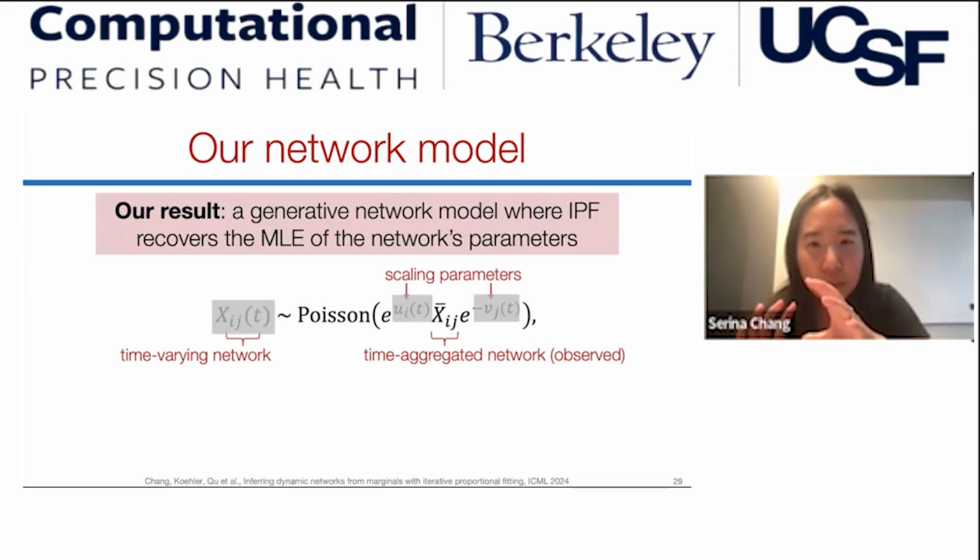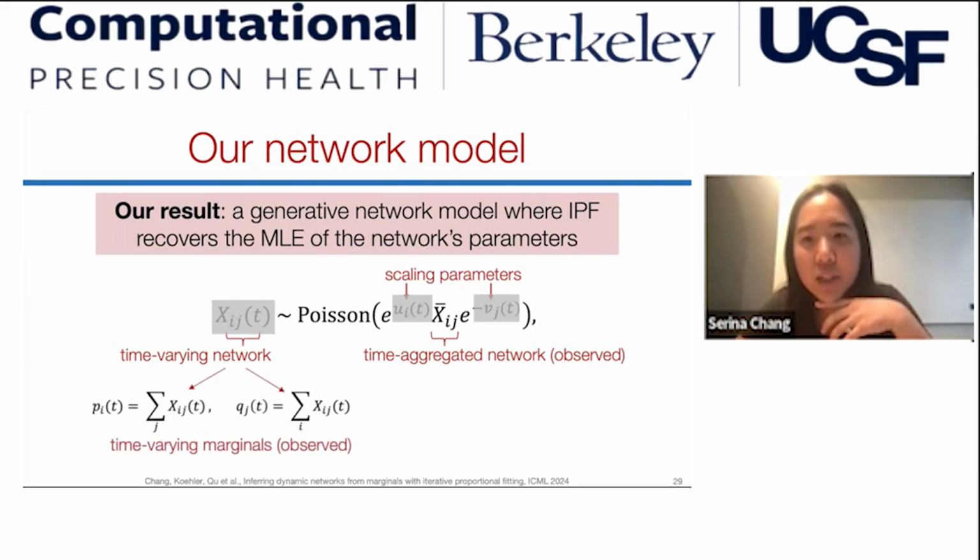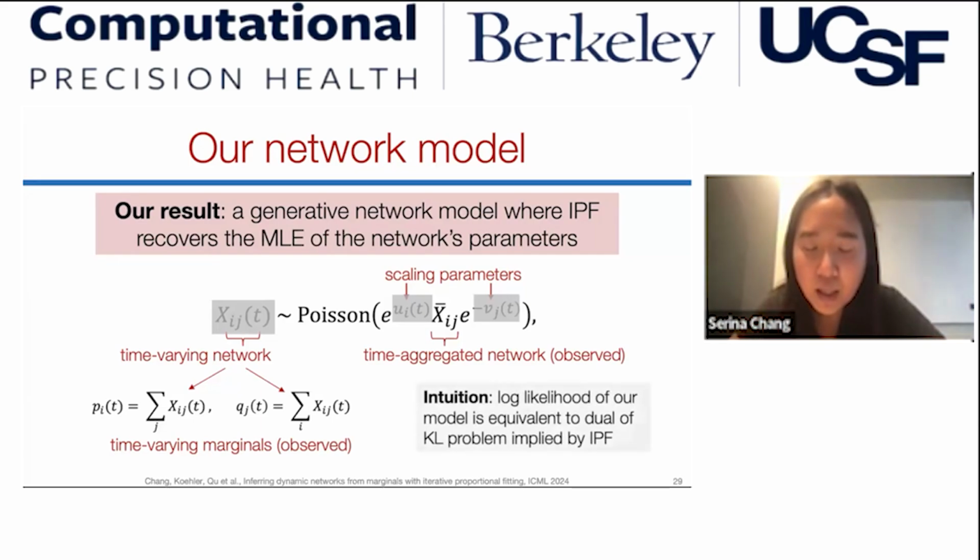Under our model, we assume you don't observe the time-varying network or the time-varying scaling parameters. But what you do get to observe is x bar, which is the time-aggregated network, and you also get to observe the time-varying marginals. So those are the row totals and the column totals of xt. And the main result is that under this model, IPF is actually going to recover these maximum likelihood estimates of specifically the scaling parameters.